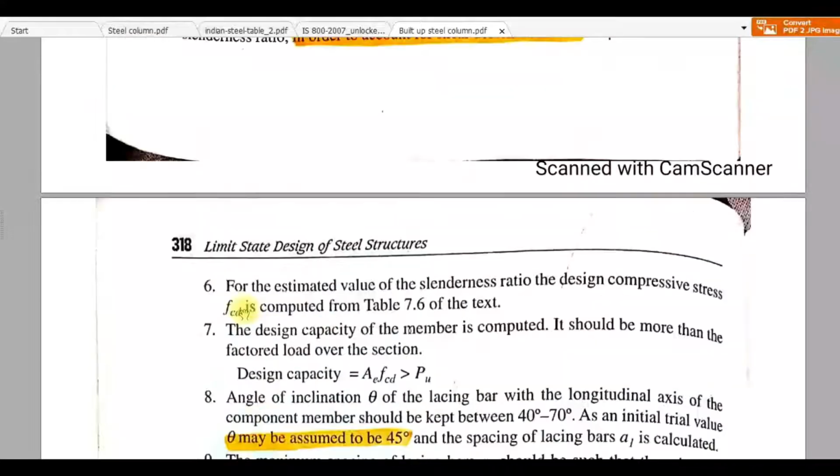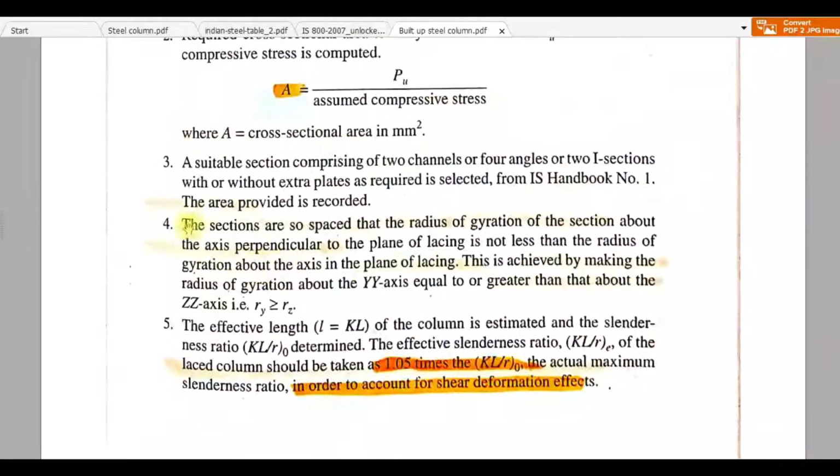For that you have to go to point number 4. In point number 4 it is mentioned that you have to place the sections in such a way that ry becomes more than or equal to rz, which I described in my previous video lecture. That means the moment of inertia about the y-axis should be at least equal to the moment of inertia about the z-axis.